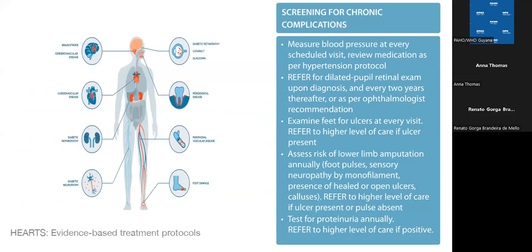To prevent complications associated with diabetes, you have to measure blood pressure at every scheduled visit, review medication as per hypertension protocol, refer for dilated pupil retinal exam upon diagnosis if possible, examine feet for ulcers at every visit, refer to higher level of care if ulcer present, assess risk of lower limb amputation annually, especially foot ulcers, sensory neuropathy by monofilament, presence of healed or open ulcers, calluses.